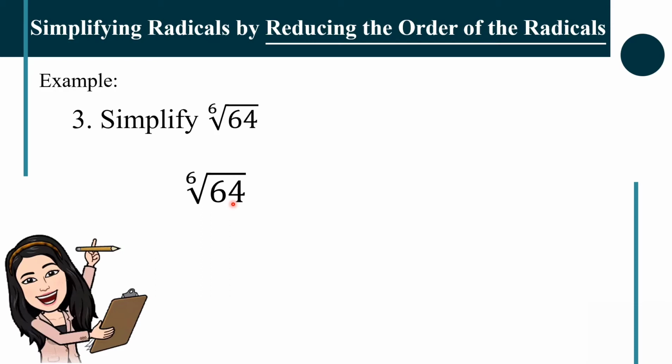Since ang 64 ay alam natin na perfect square, so ibig sabihin, yung square, siya yung nasa loob. Ang target kasi natin is to simplify or to reduce it. So, our factors would be cube root of square root of 64.